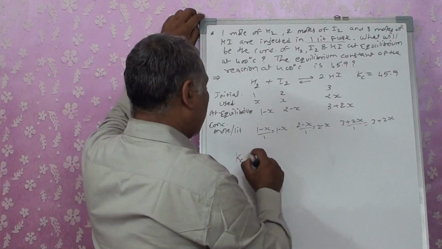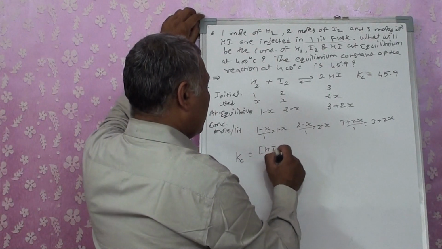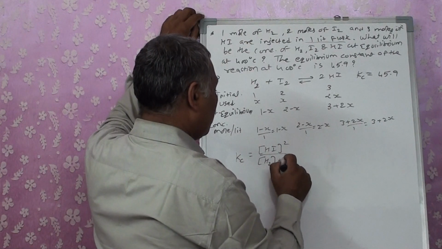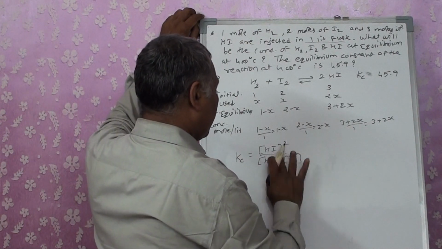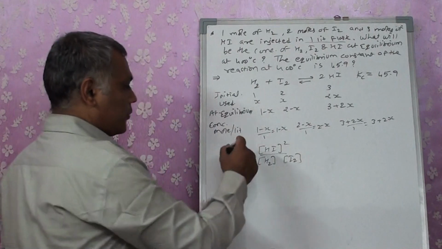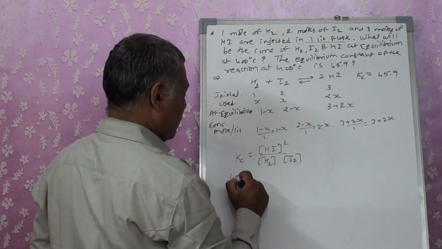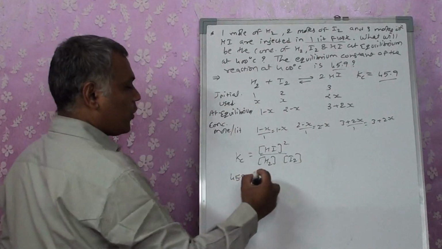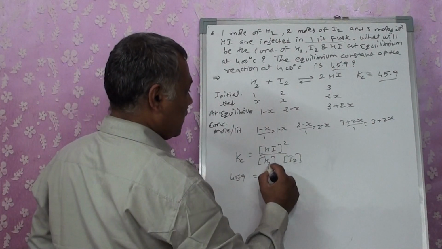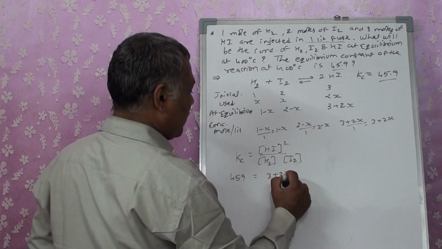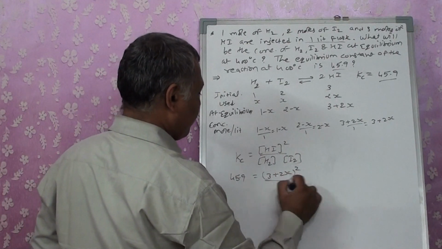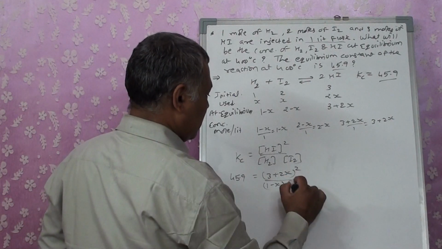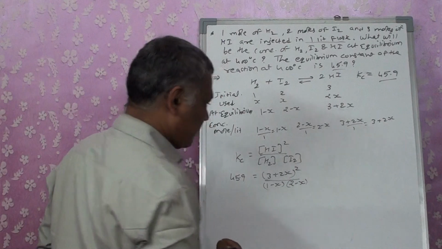Now according to the formula, Kc is equal to [HI] whole square upon [H2][I2]. Substitute the values. Kc is 45.9, it's already given to us. [HI] is 3 plus 2x whole square, [H2] is 1 minus x, [I2] is 2 minus x.